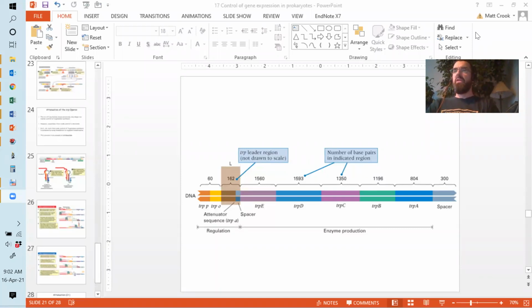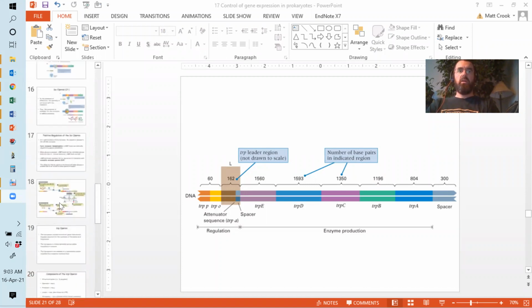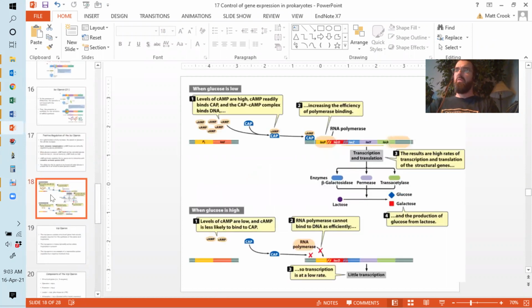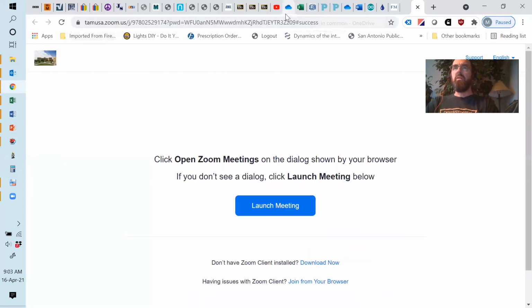All right. So we left off talking about, we did talk about the catabolite activator protein and cyclic AMP, right? You need to remind me because I often get confused. Dang it, where's that? Here it is.